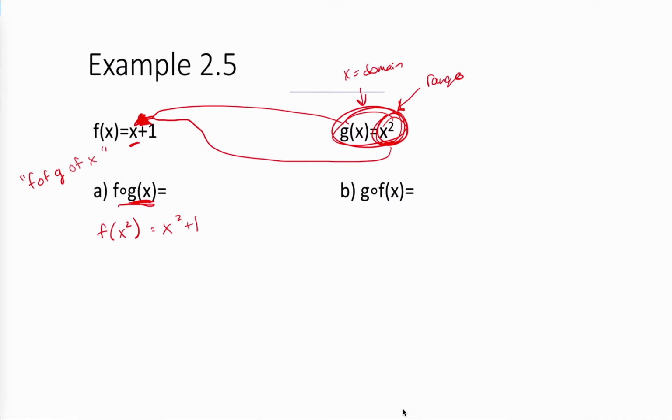G of f of x just means doing it the other way around. We're going to take f of x equal to x plus 1, so this is the domain, and this is the range. And we're going to take that range and plug it in to g of x.